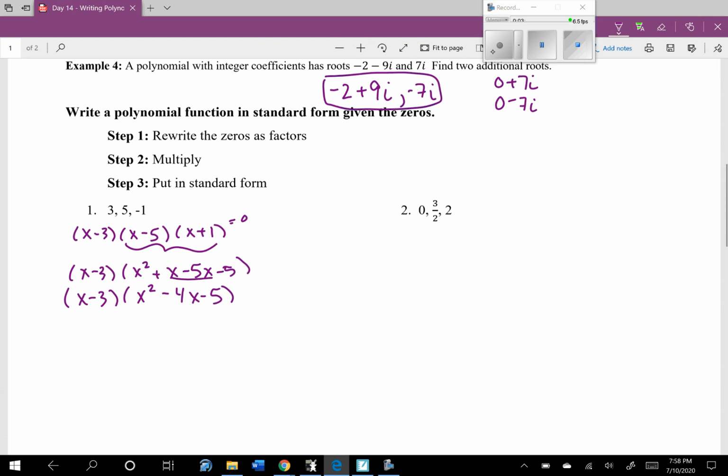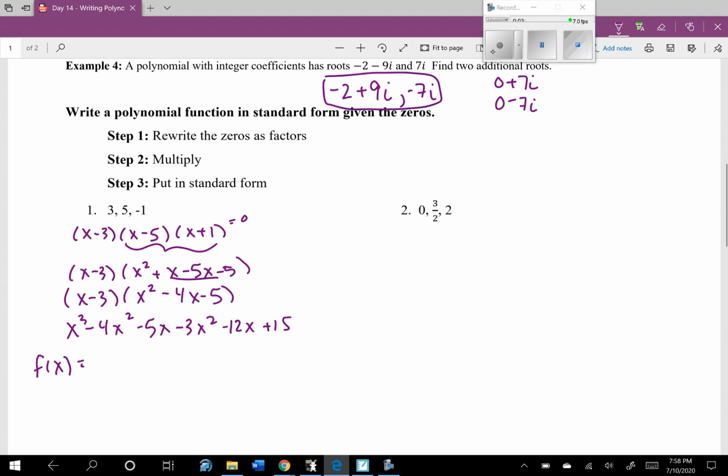And then, of course, we need to FOIL again, so this x times these three terms and negative 3 times these three terms. So that gives us x cubed minus 4x squared minus 5x minus 3x squared minus 12x plus 15. And then we just need to combine like terms.